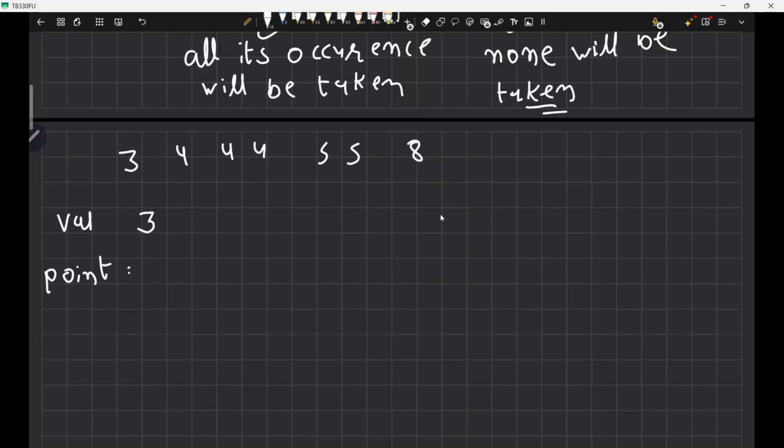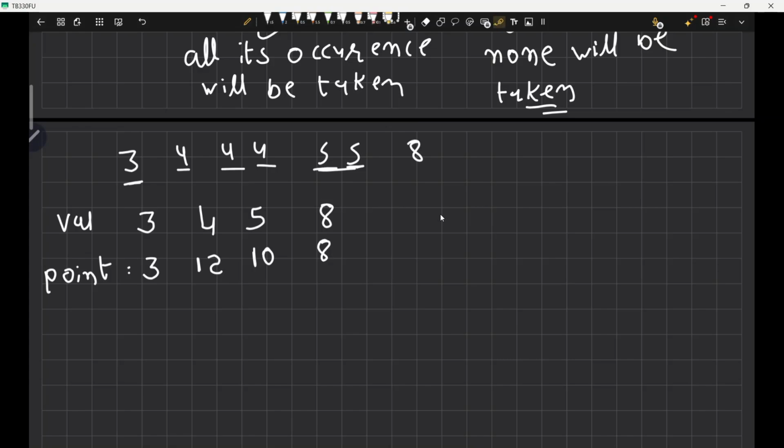This is 3 and there is only one occurrence, so removing this will give me only 3 points. The value is 4. There are three occurrences of 4, so the total points I will get is 12. Then there is 5, which is going to give me 10, and there is 8, which is going to give 8 only.